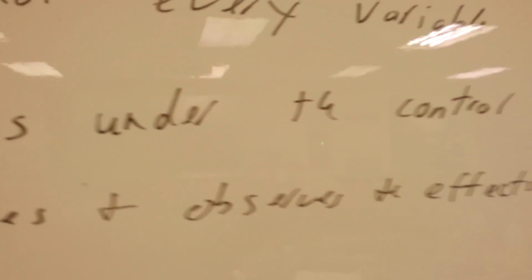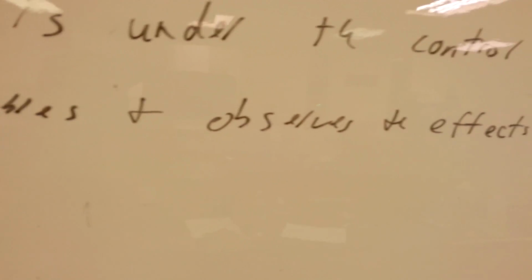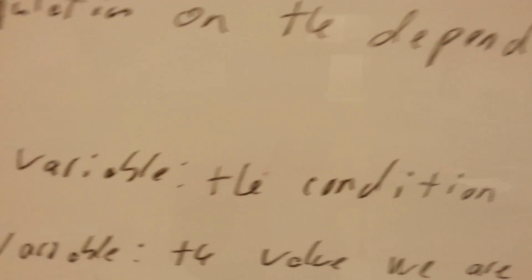The experimenter manipulates the independent variables and observes the effects of this manipulation on the dependent, or response, variable.